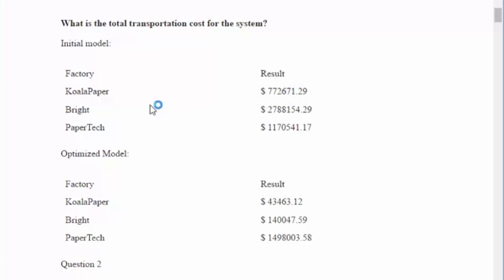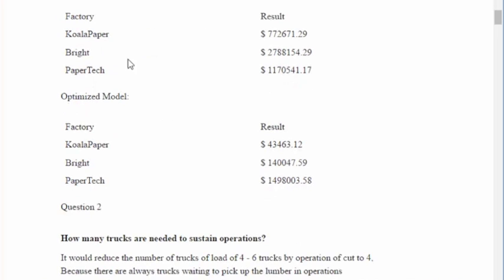The first question: what is the total transportation cost for the system? Here are the results of the initial model for Koala Paper, and the results of the optimization model for Koala Paper.